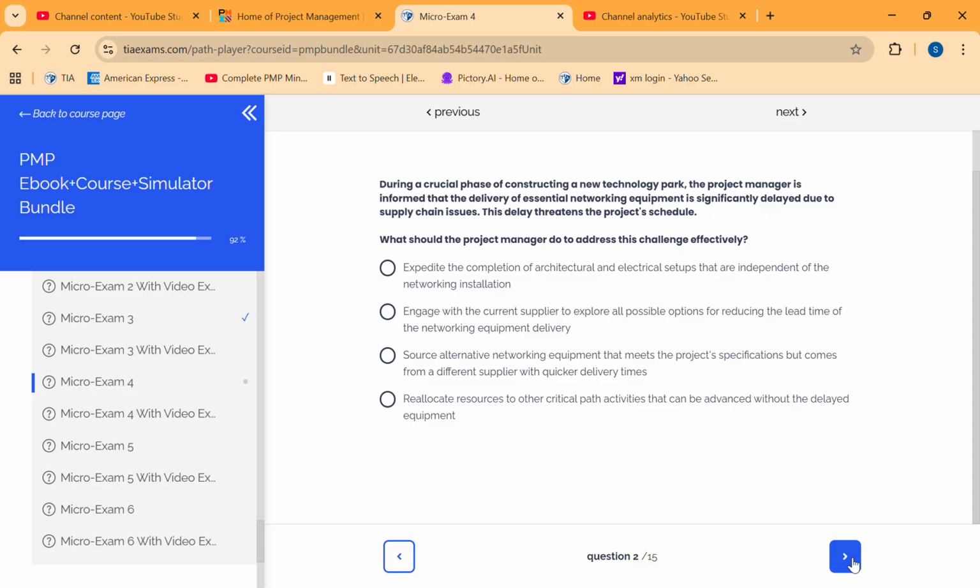And source alternative networking equipment that meets the project specification but comes from a different supplier with quicker delivery time. I think we should speak to the supplier to explore the options for reducing our time.